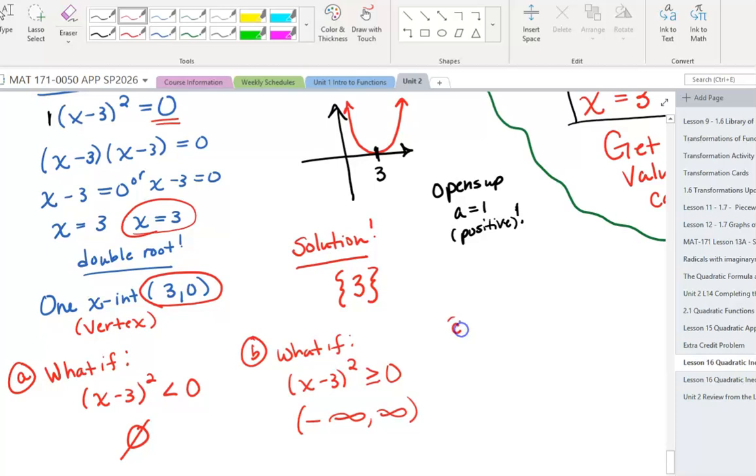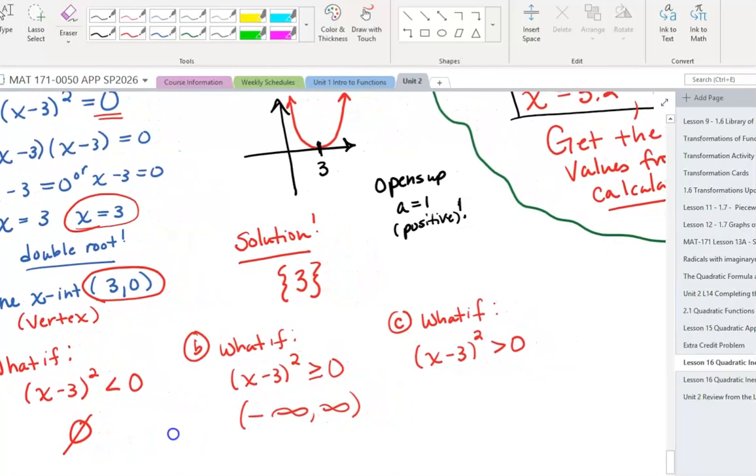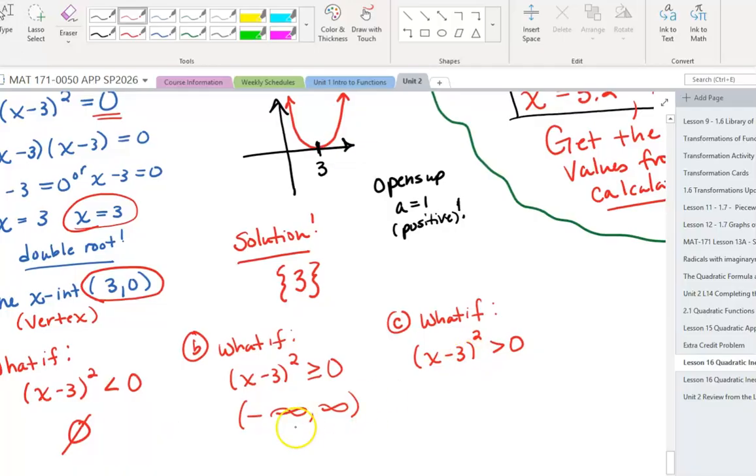Let's do one more what if. What if it had actually been x minus 3 squared is just greater than 0, and we took off the equals? What number would we have to exclude from the set of real numbers if we don't care where it's equal to 0, only where it's greater than?